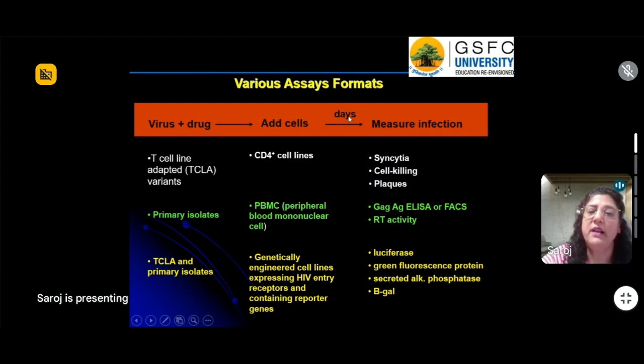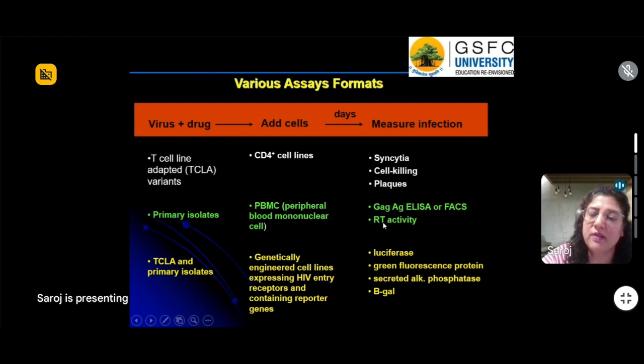You are going to incubate for a few days with the virus, with the drugs and the cell, and at the end of that you are going to have an endpoint measurement, whether you can see how many cells have been killed, if there is a reduction in plaque formation, if there's a reduction in syncytia formation. You can also check for the presence of the GAG antigen, which I said is the one which is making the P24 antigen.